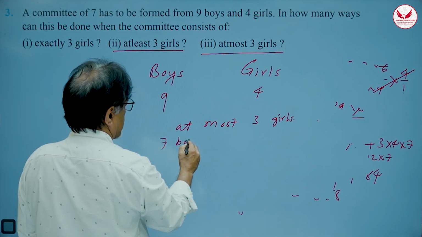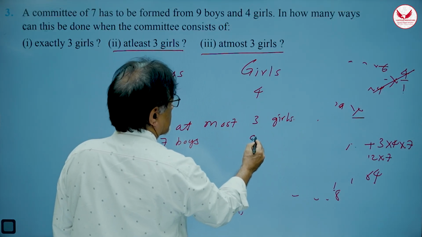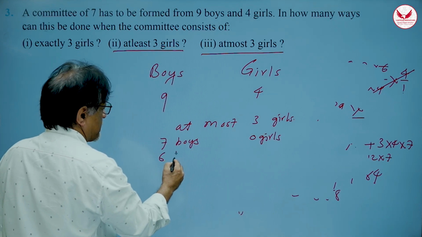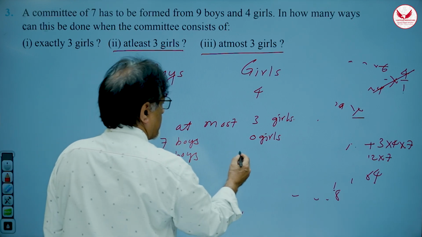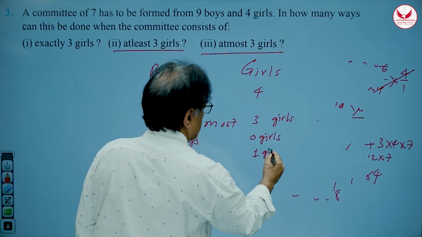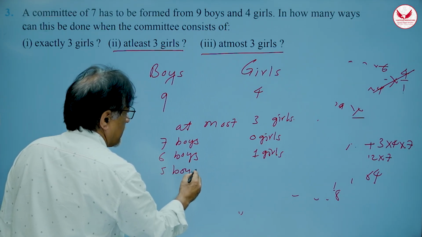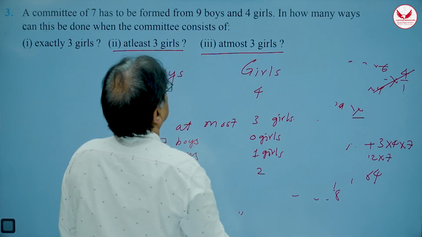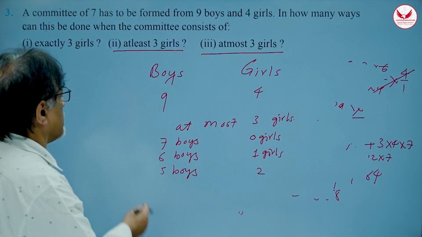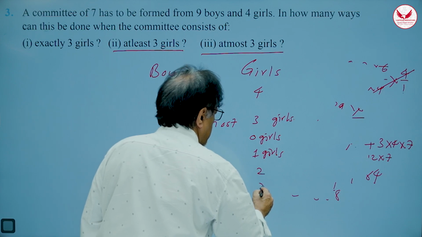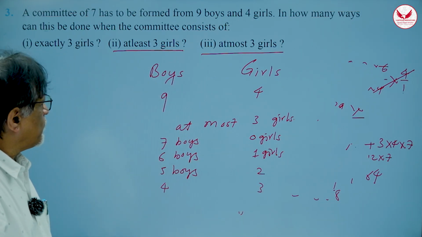Okay? No girls. 0 girls allowed. 6 boys, 1 girl. That is allowed. Okay? Then you can have 5 boys and 2 girls. And what is the condition? At the most 3 girls. So one more choice you have, that is 4 boys and 3 girls. You are not allowed to take more than that.